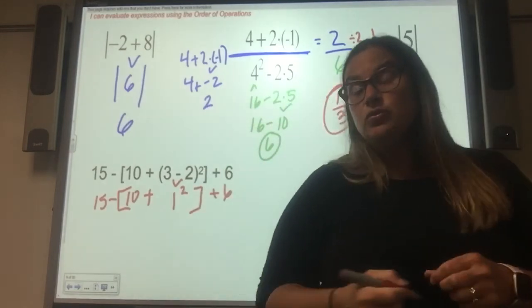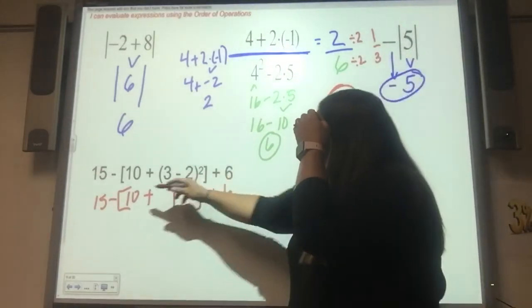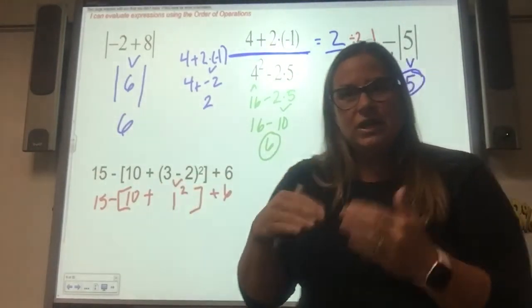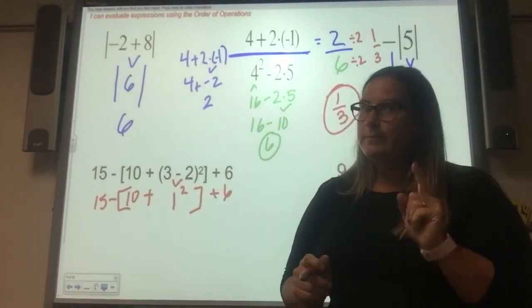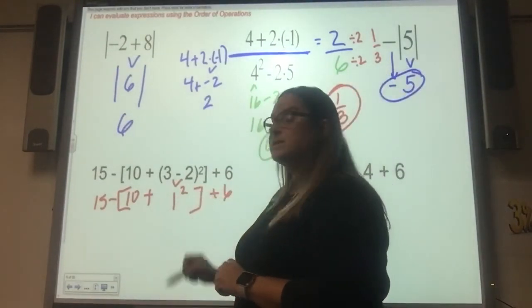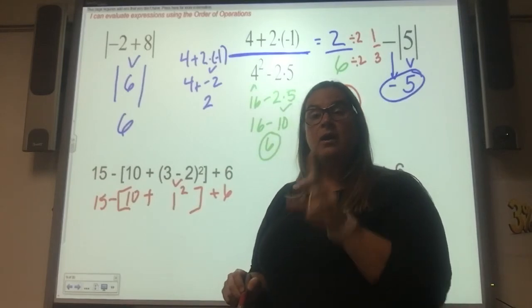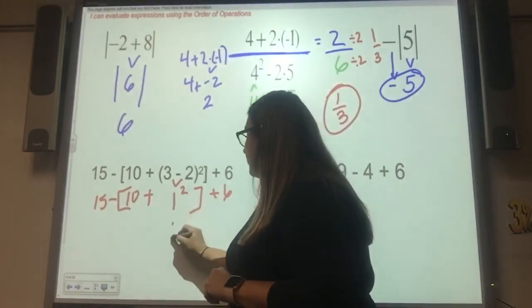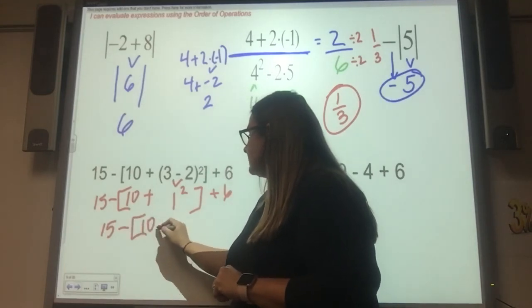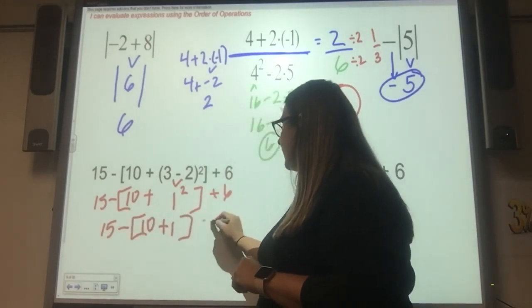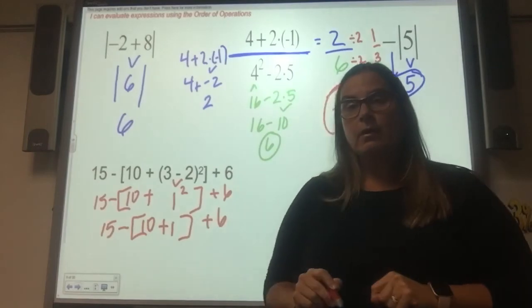So what I'm doing is writing the entire problem, changing each step as I go. Ooh, I see an exponent. Better take care of that. 1 squared means 1 times 1, which is 1. So I have 15 minus bracket 10 plus 1 bracket plus 6.